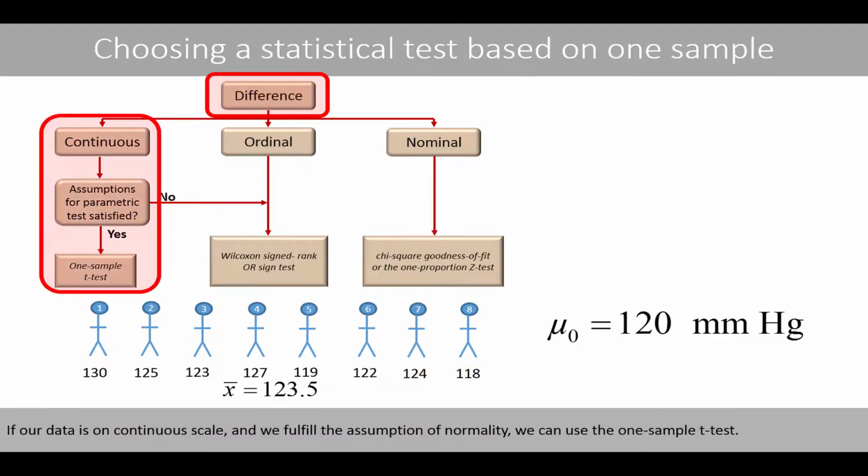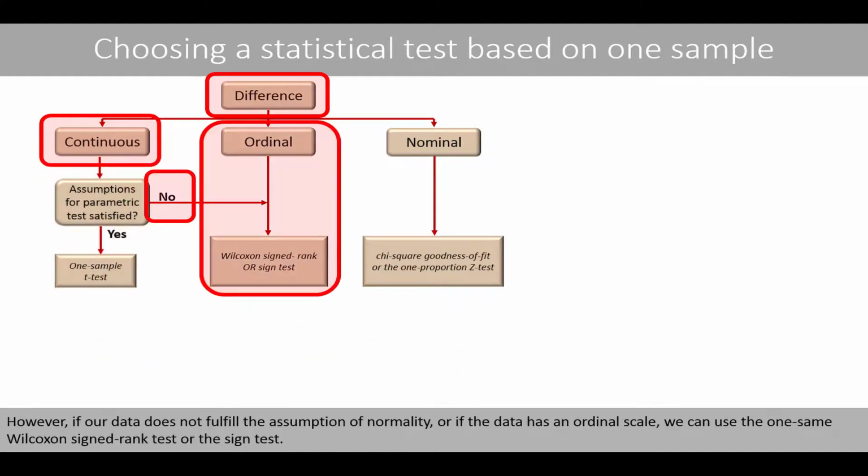If our data is on continuous scale, and if we fulfill the assumption of normality, we can use the one-sample t-test. However, if our data does not fulfill the assumption of normality, or if the data has an ordinal scale, we can use the one-sample Wilcoxon sign rank test or the sign test.